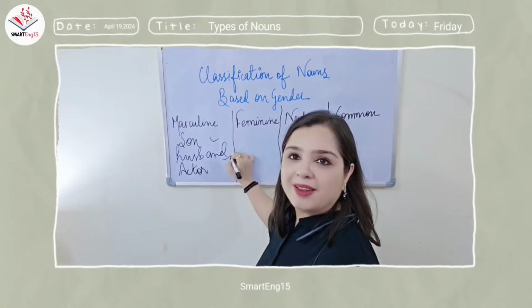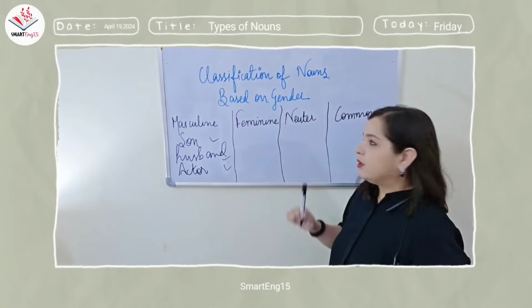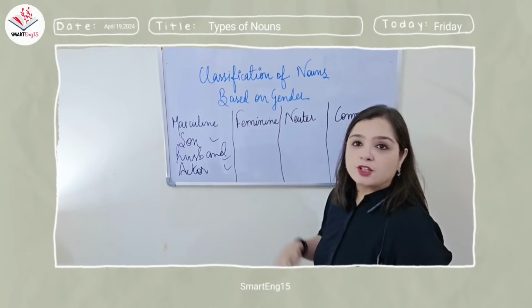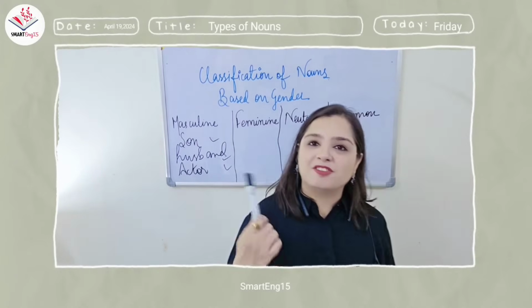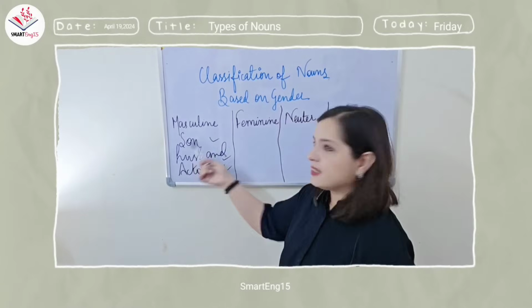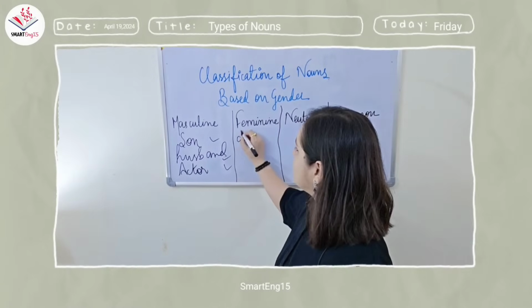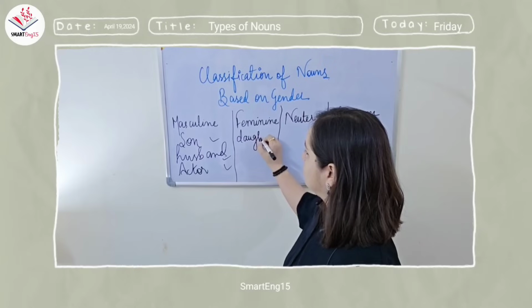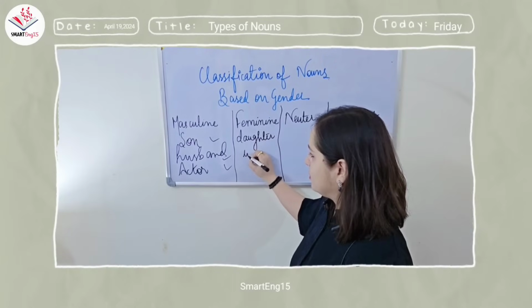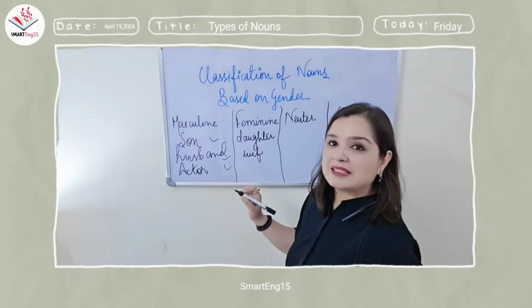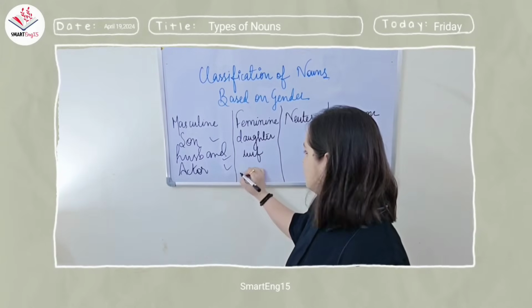All are males, right? Now let's talk about feminine. Feminine talks about the female gender. Let's take the opposite of it: daughter, wife, and an actress.